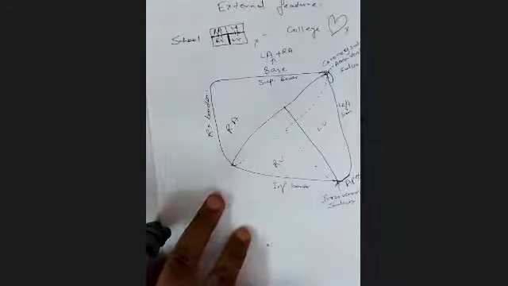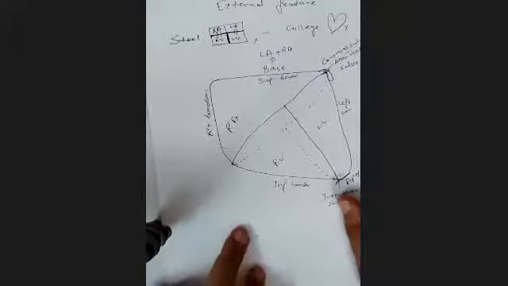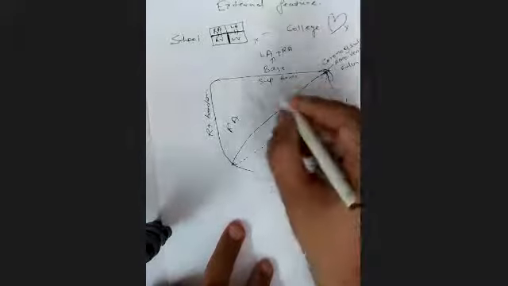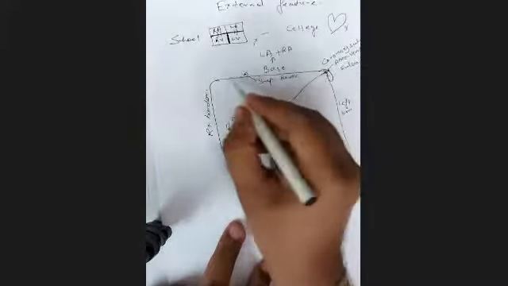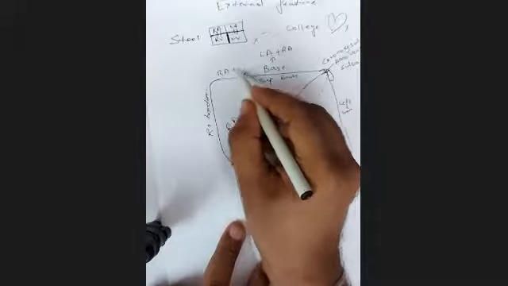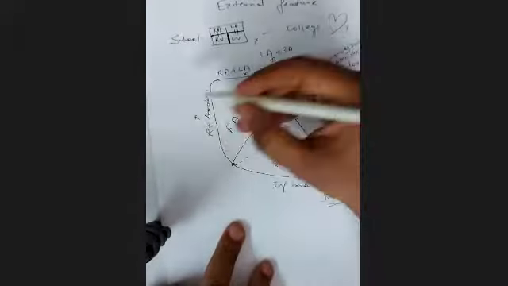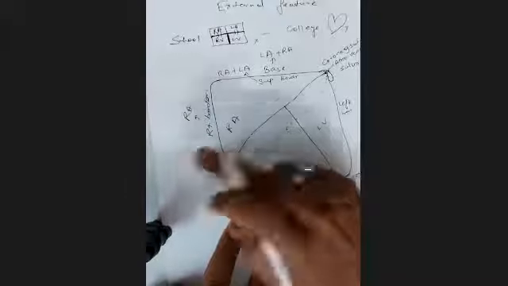Okay, so now let us see which chambers of the heart form which border. The superior border is formed by the right atrium and the left atrium, mainly the left atrium. The right border is formed by the right atrium. You can see the right atrium is here, so it forms the right border.